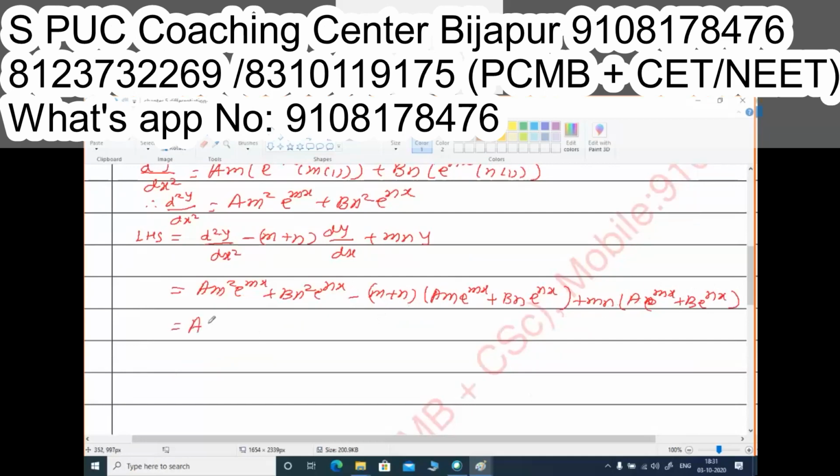I am going to write as it is, that is am square e raised to mx plus bn square e raised to nx. Next, minus am square e raised to mx, minus bmn e raised to nx.